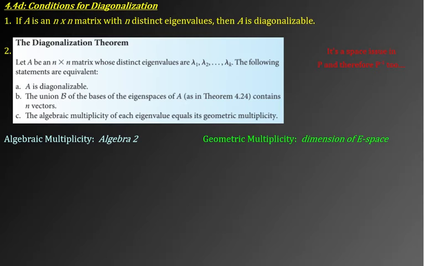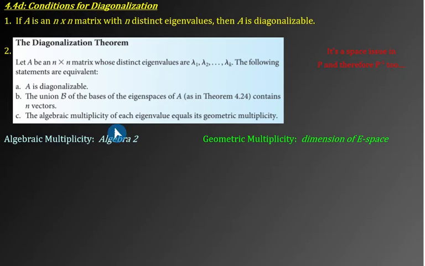That can happen, right? Then there's a space issue in creating P. You need P to be n by n, but it would not be, because you don't have enough vectors to build it up with all the columns. And that's why this test becomes so important.